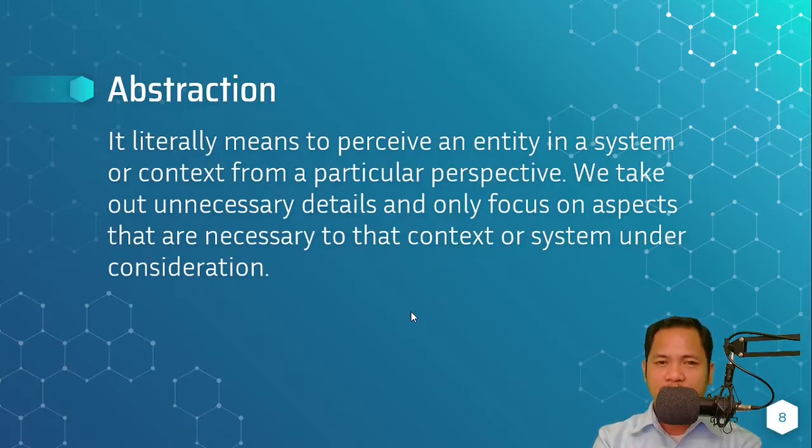Because it's not detailed as to how an animal travels. As you can see, a horse is an animal, an eagle is an animal, and a whale is also an animal. These three are all animals. They all travel. But the word travel is abstract because there's no detail into how that animal can travel.